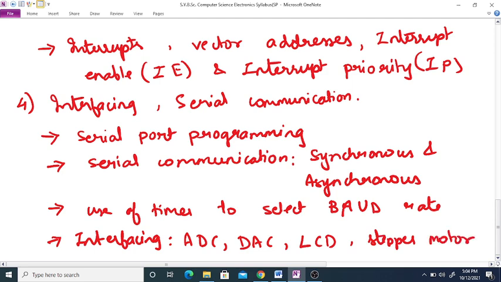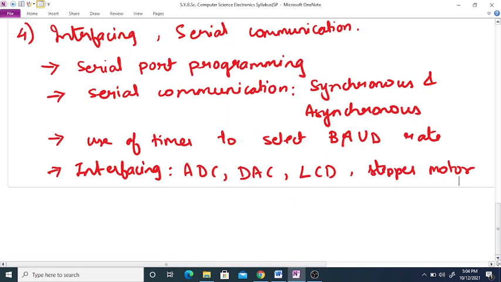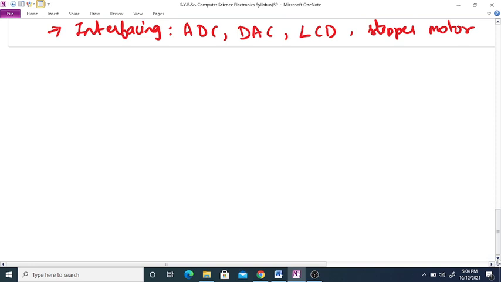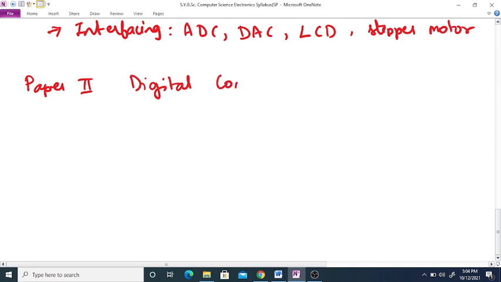We are going to interface this ADC, DAC, LCD and stepper motor to 8051 microcontroller. Now we will see next paper, that is paper 2, digital communication and networking.